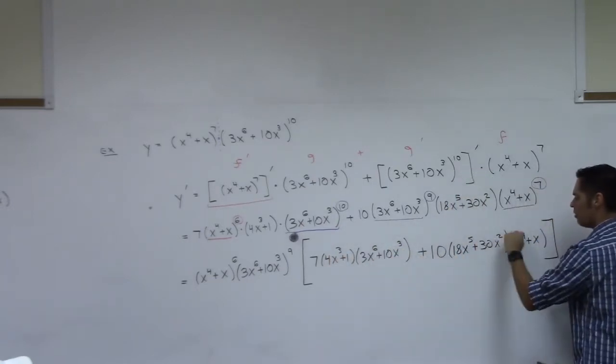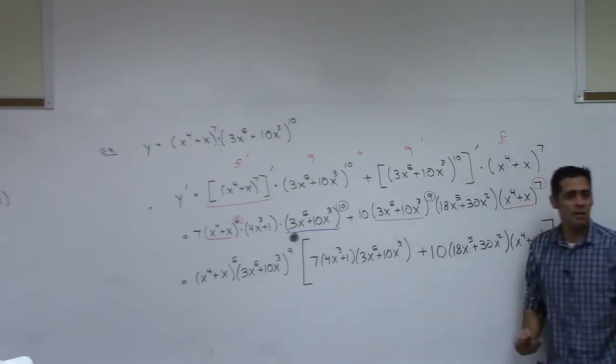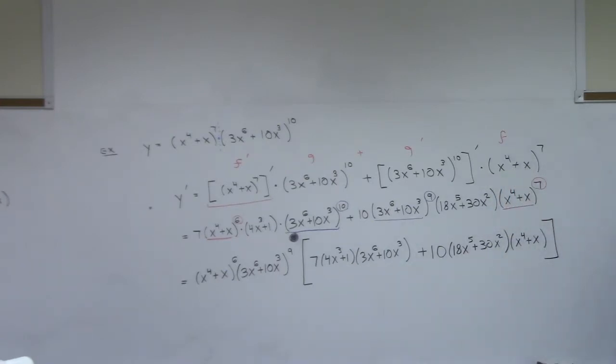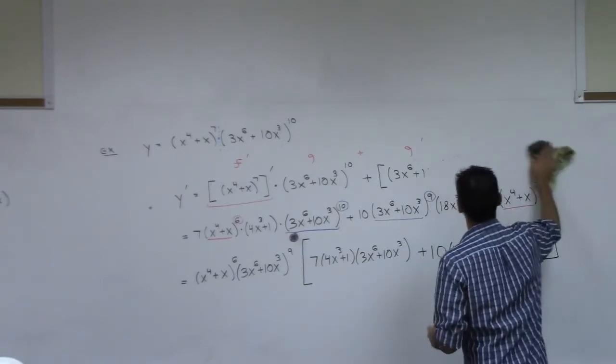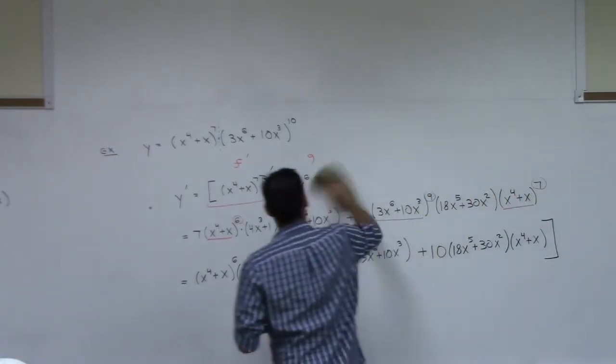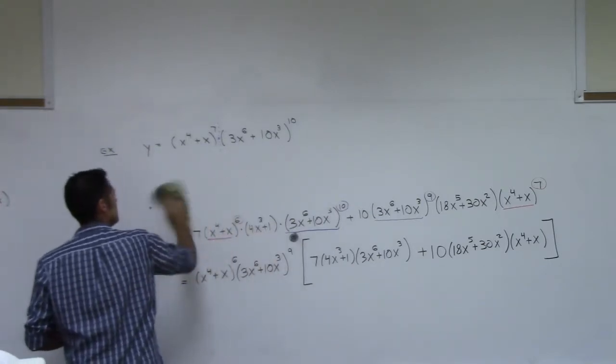And then over here, could you just FOIL those out? And if you did that, you'd probably be able to collect some like terms together, right? Okay, let's do it. Algebra on steroids.